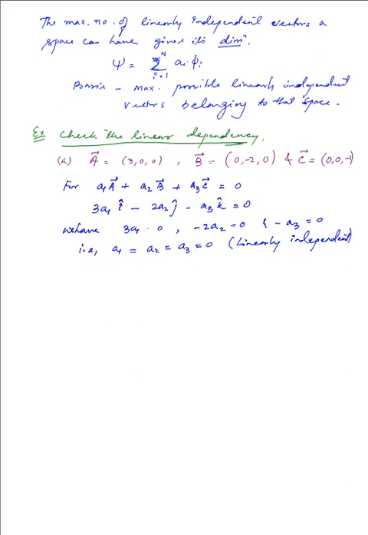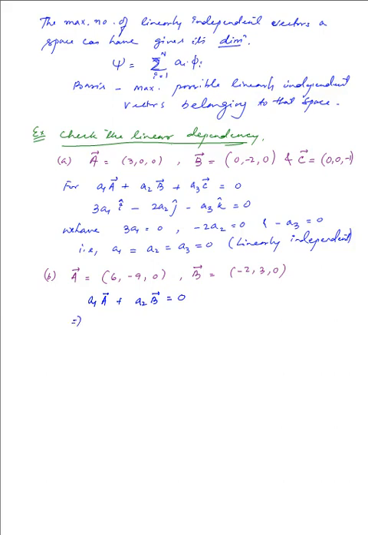Now if we take the other example, let's see if we can express linear dependency. We have A equal to (6, -9, 0) and B equal to (-2, 3, 0). If we take the constants a1 and a2 multiplied to A and B, we have a1A plus a2B equal to 0.